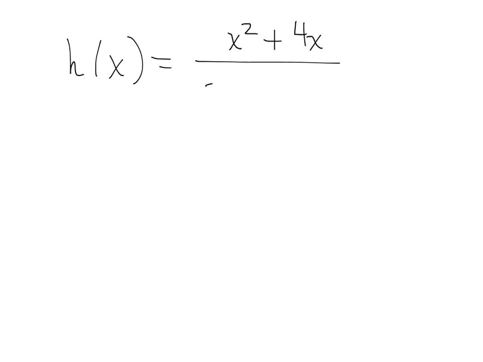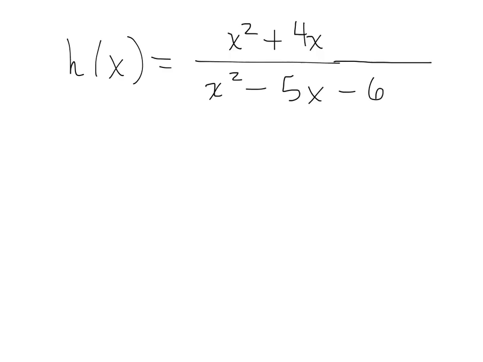So let's say we have h of x equals x squared plus 4x over, actually we'll do same degree for this one, x squared minus 5x minus 6. Make it a little bit easier, actually.